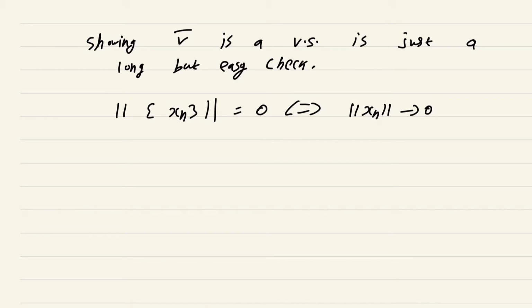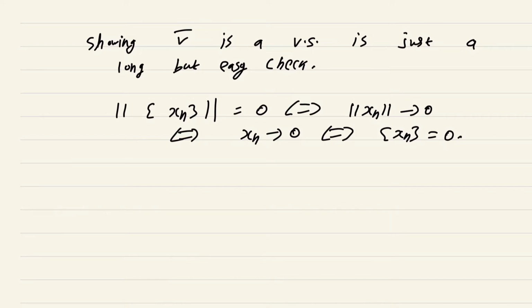Now this will happen if and only if xn converges to 0, and this will happen if and only if [xn] is 0. So this chain of equivalences proves that the norm of an element in our bizarre space V bar is 0 if and only if the element, that is [xn] itself, is 0.